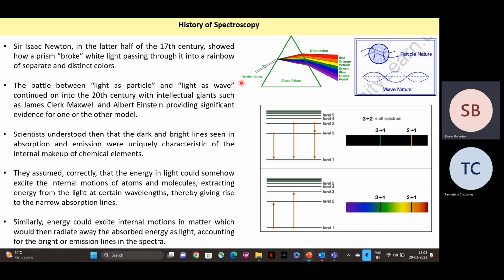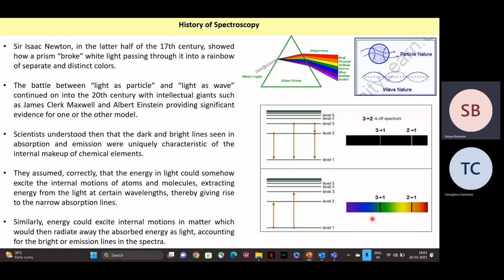So suppose white light is falling on an atom, certain radiations in white light will be absorbed, which correspond to the energy difference between two energy levels.